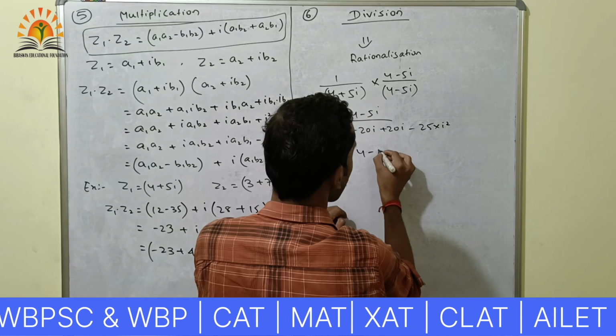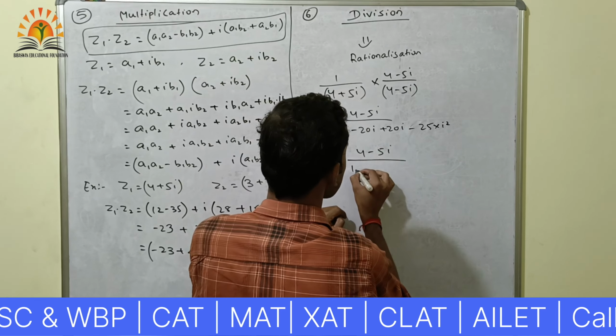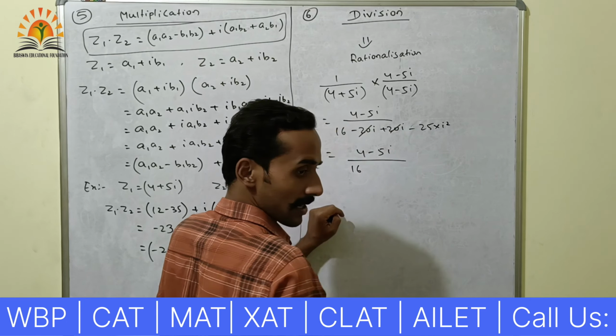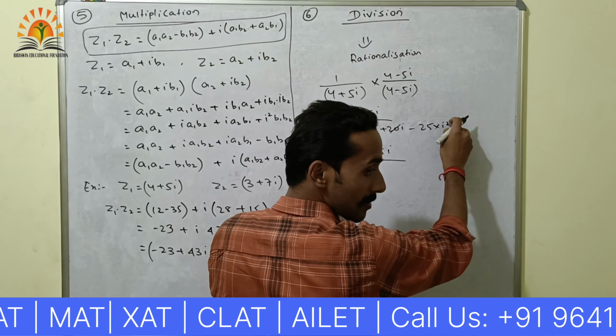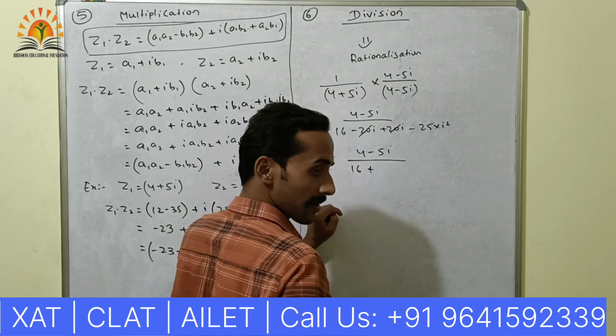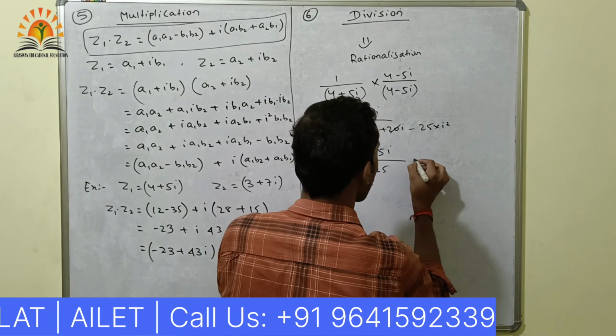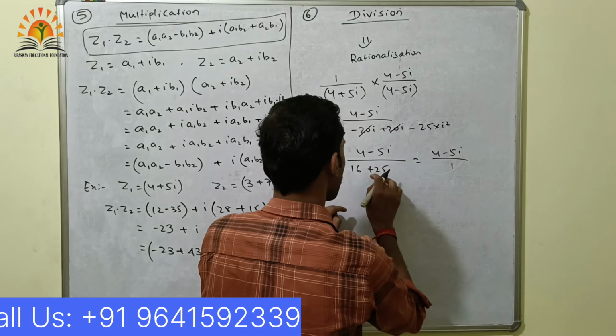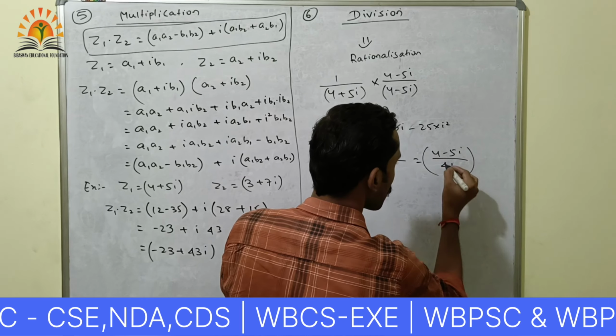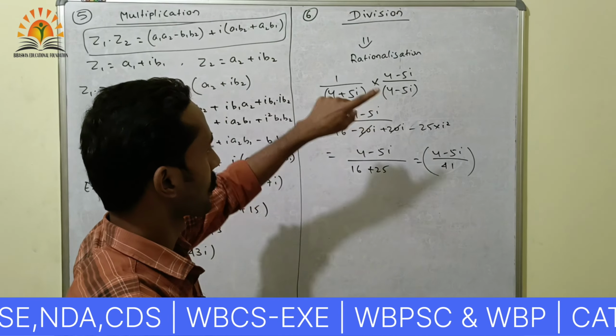That gives the result 4 minus 5 iota by 16 minus 20 iota plus 20 iota cancel. Iota square is minus, so minus minus plus is equal to 25. Now 4 minus 5 iota by 41.